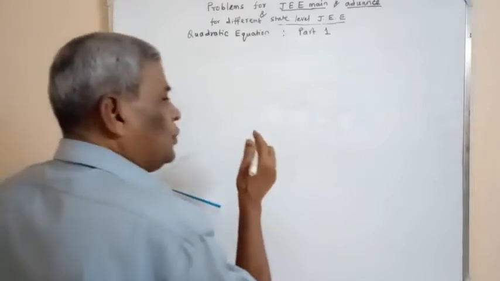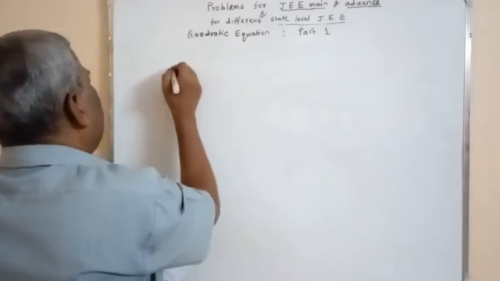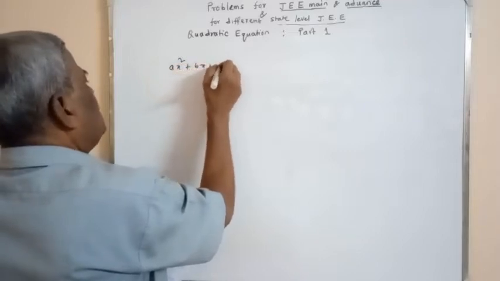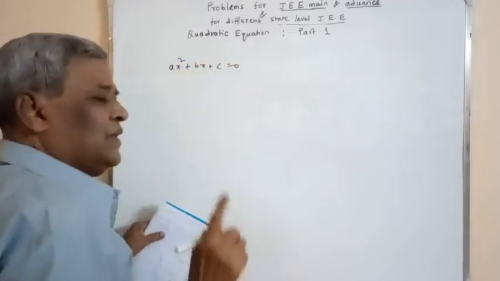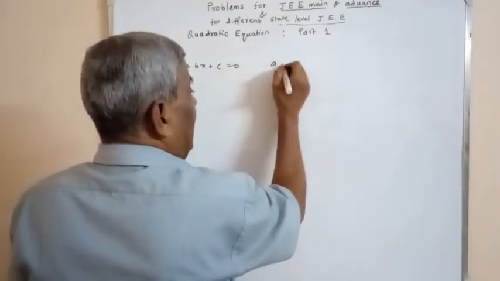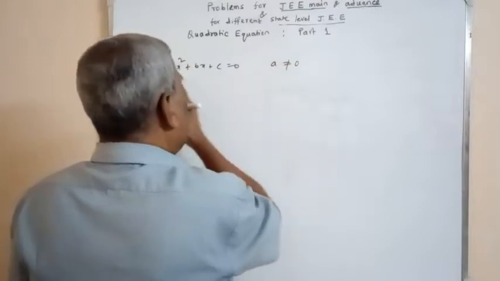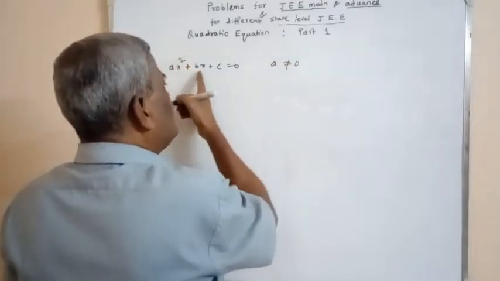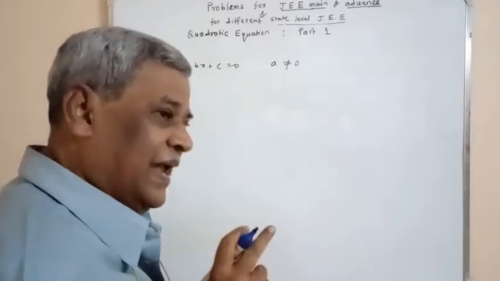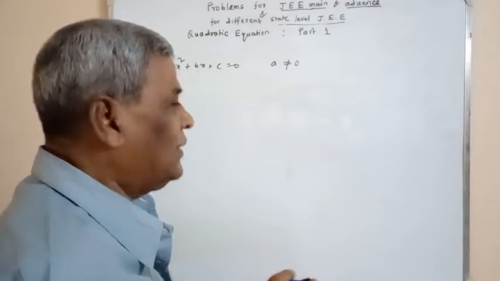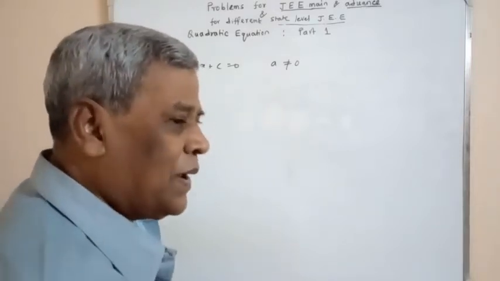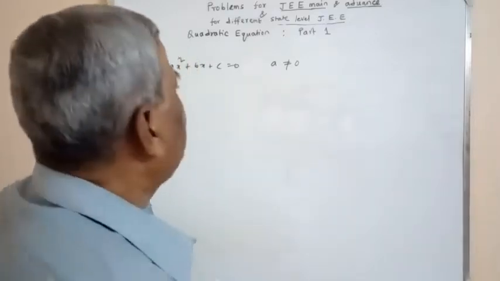So this is, as most of you know, ax square plus bx plus c is equal to 0, a quadratic equation, provided a is not equal to 0. Because if a is equal to 0, the equation becomes a linear equation. Any quadratic equation must have two roots. In fact, any nth degree equation must have n roots.